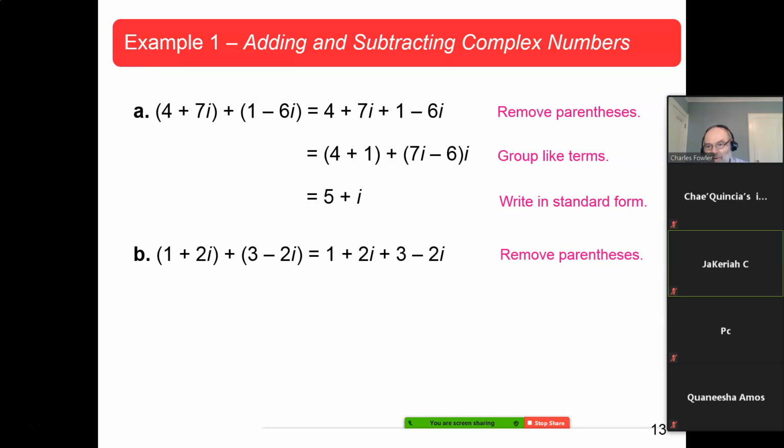Okay, so they wrote it without parentheses. I don't know why they put that in as a step. It's not necessary. Okay, I think I do know. Then they add like terms. Okay, 1 plus 3 is 4, and 2i minus 2i is 0. You see, that time they didn't write the extra i in there.